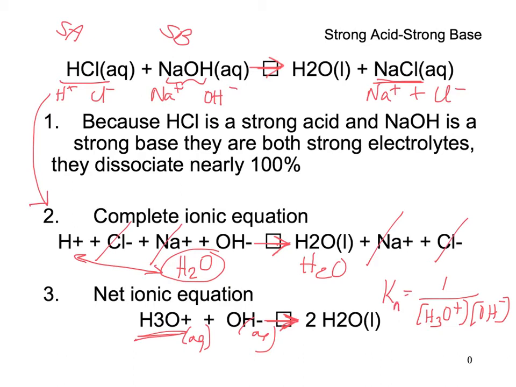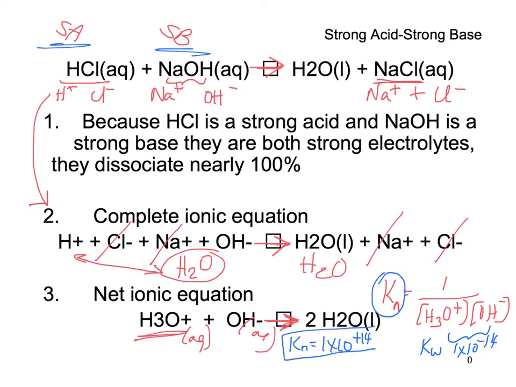But guess what? Hydronium times hydroxide, we know what that is. That's Kw, and it has a value of 1 times 10 to the power of negative 14. So hopefully you can see that Kn for this reaction, which is a strong acid, strong base neutralization reaction, comes out to be 1 times 10 to the power of positive 14.